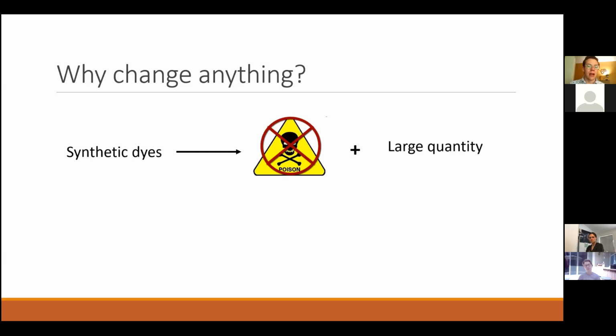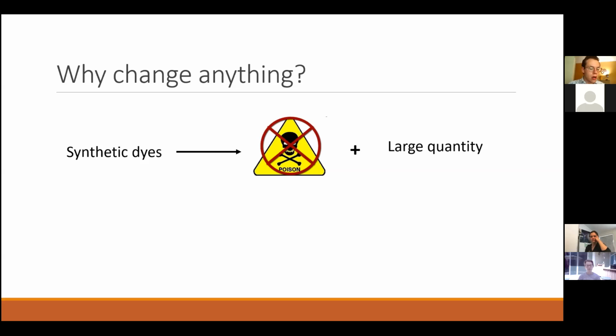Additionally, working with synthetic dyes is not very nice. One such dye is crystal violet, which exhibits carcinogenic properties, and so why create an unnecessary hazard to the students who will work with this?